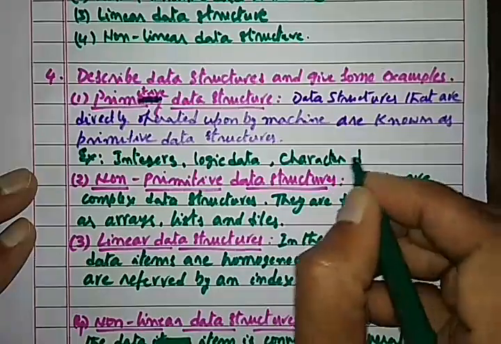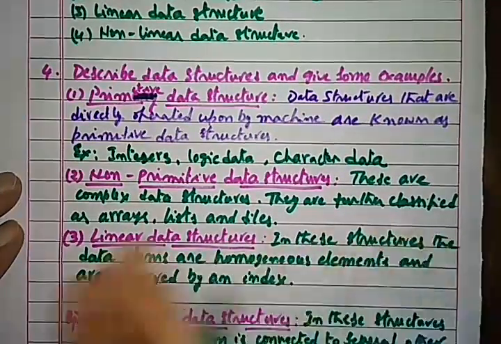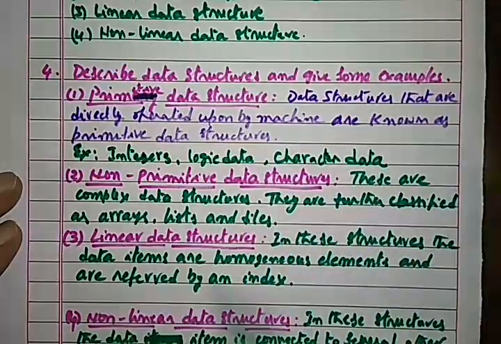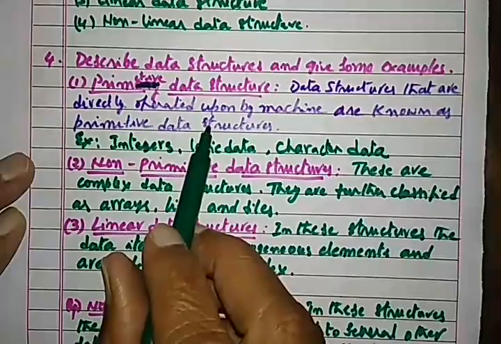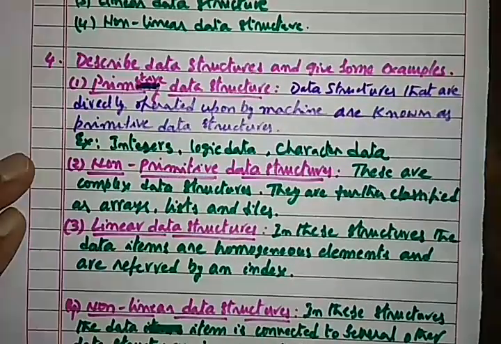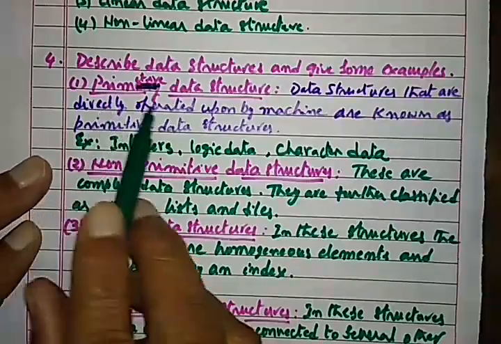Character data: if you are typing some text, then you can directly give A, B in ASCII code, and it will understand. So you can write this, or the other one which I showed from the textbook, for the primitive data structure.